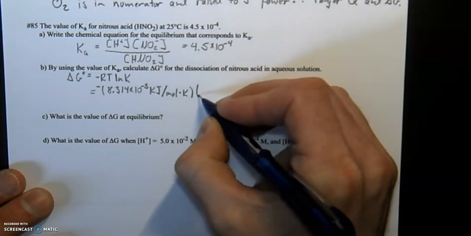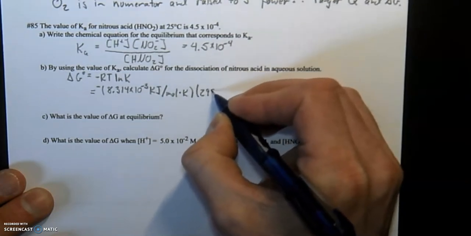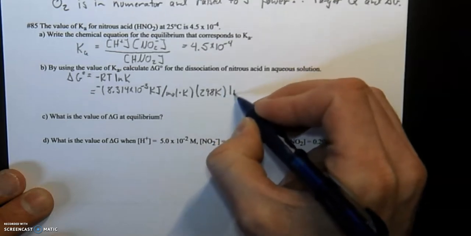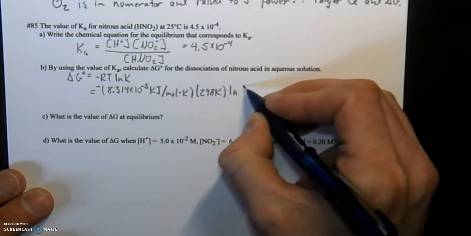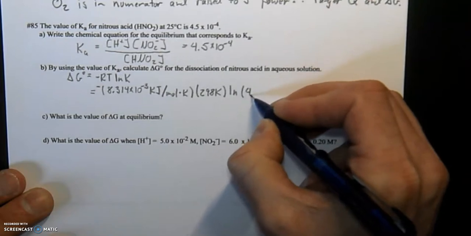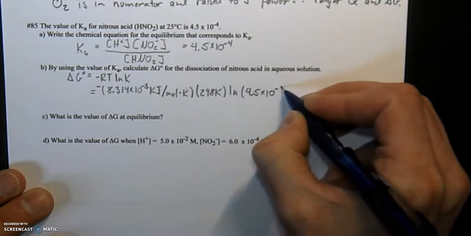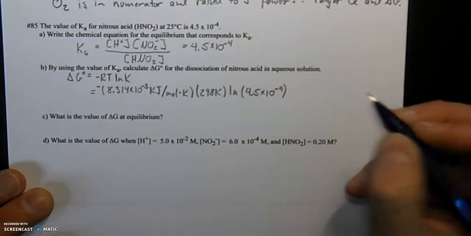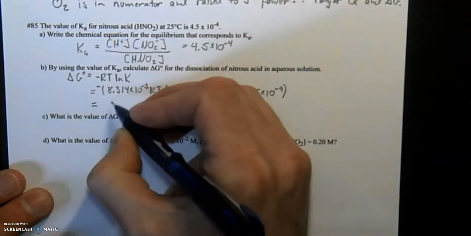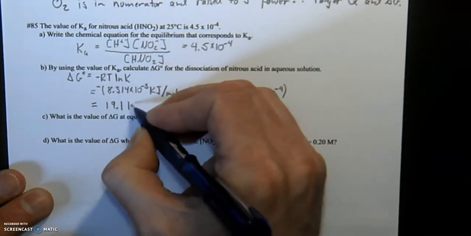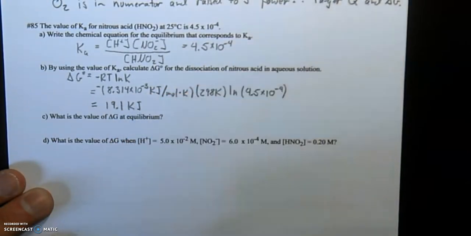Then multiply times the temperature, 298 Kelvin, 25 degrees Celsius, and the natural log of the K value that's given from above, 4.5 times 10 to the negative 4. If we calculate that out, we should get 19.1 kilojoules. There we go. So it is non-spontaneous, it's a positive value.